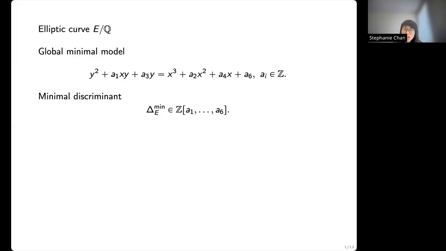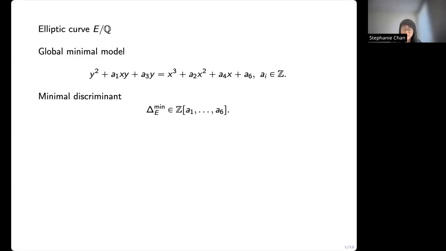The discriminant usually depends on the model, but since there's a unique global minimal model, this minimal discriminant is the unique quantity that is as small as possible over all models of this elliptic curve.